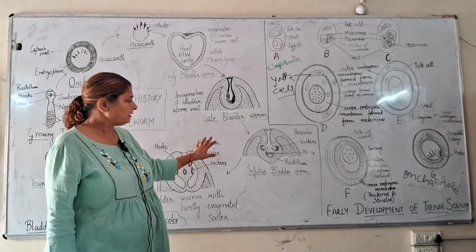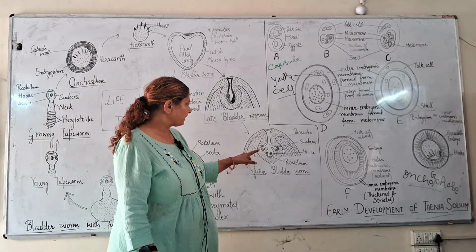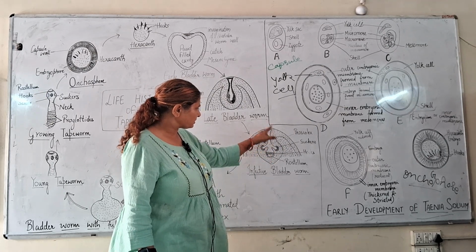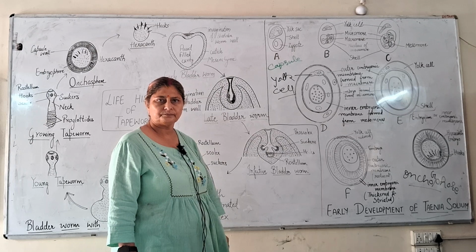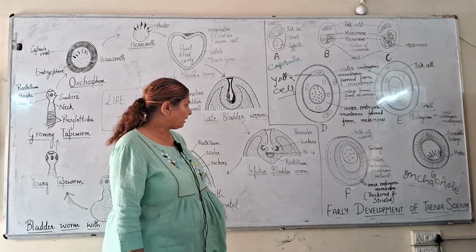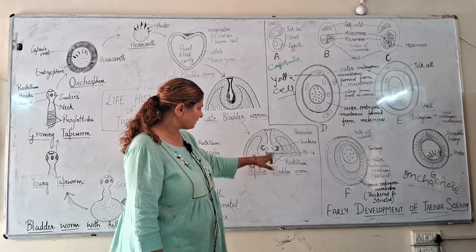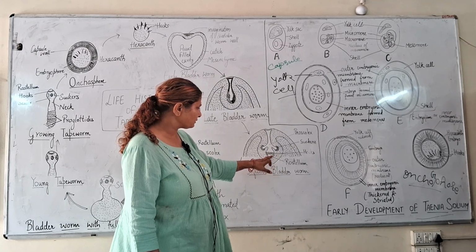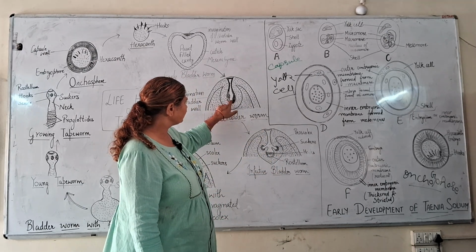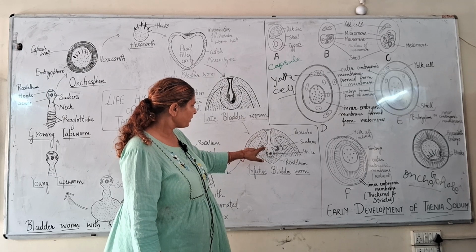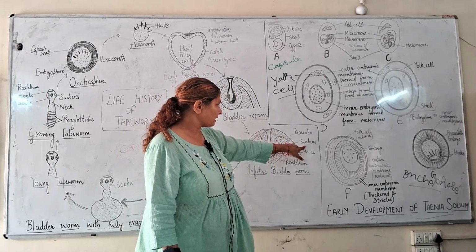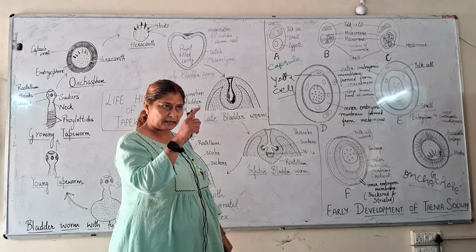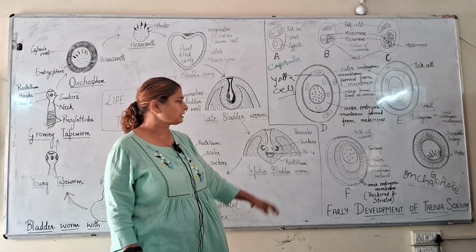After that there is development of this structure which is the future scolex. Here again the sucker hooks are formed, and this portion is called rostrum, and on the sides there is formation of suckers, the 4 suckers which we studied in the scolex.